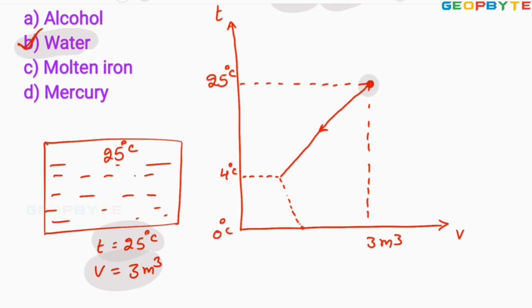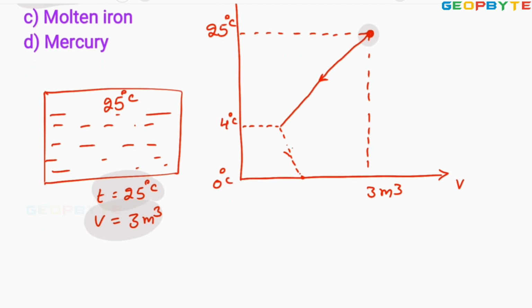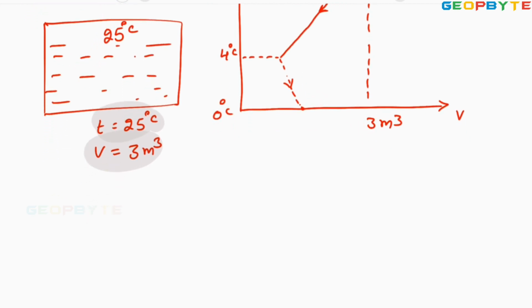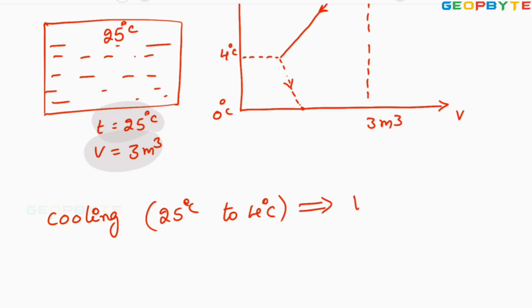That means from 4 degree centigrade to 0 degree centigrade, the volume increases, meaning the water is expanding. It is like this. While the water is cooling, the temperature is dropping from 25 degrees centigrade to 4 degrees centigrade. During this temperature dropping process, the volume of the water decreases.